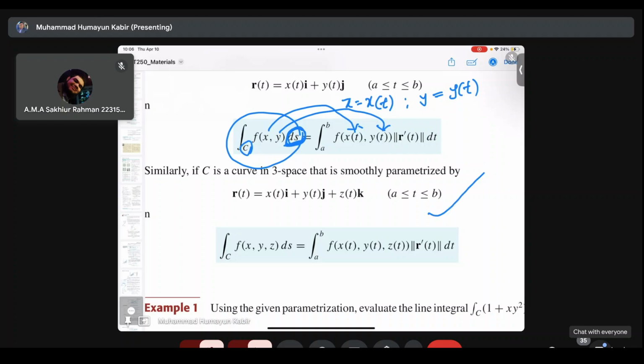And you must look for the minimum value of t at the starting point of the curve and the maximum value of t at the end point of the curve c. At the starting point, the value of t should be the lower limit, and at the end point of the curve c, the value of t should be the upper limit.